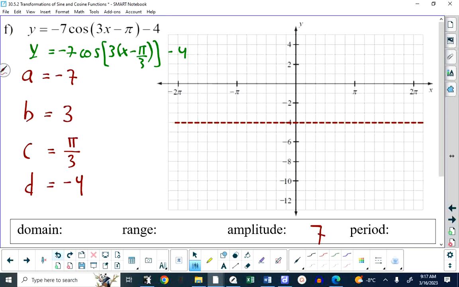So we have to go 7 above and 7 below that, which means, by the way, without even looking at my graph, looking at the range, I can say that y will be between or equal to whatever negative 4 plus 7 is as a maximum, and whatever negative 4 minus 7 is, which is negative 11, for a minimum. You ought to be able to come up with the range without necessarily sketching those lines or a graph.